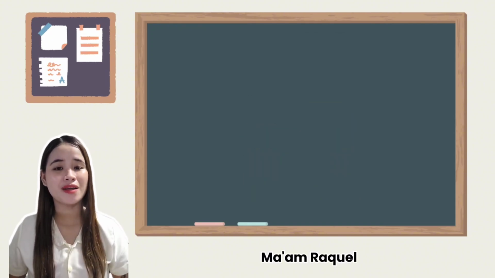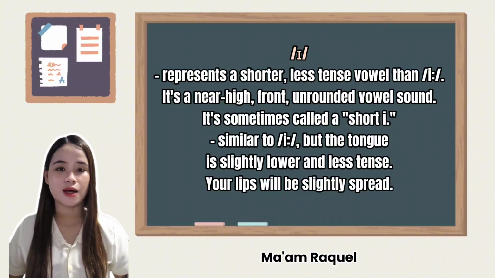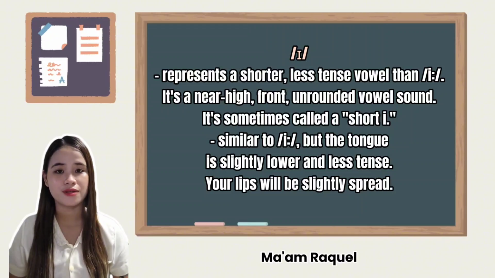So the last vowel sound is the short ɪ. Repeat after me. ɪ. Again. Very good. This sound represents a shorter, less tense vowel sound. It's a near high, front, unrounded vowel sound.